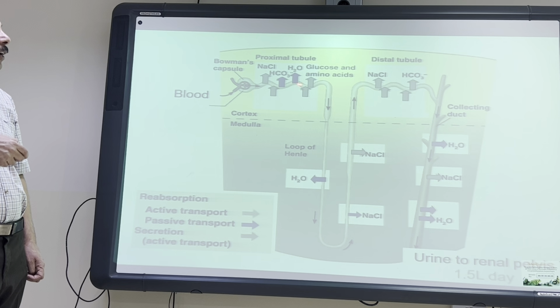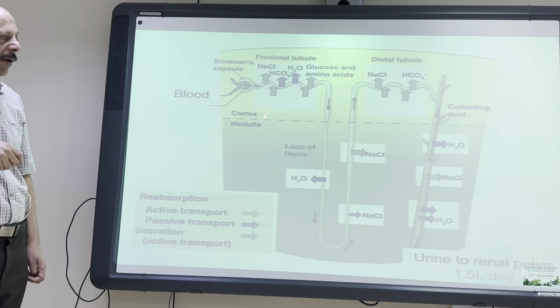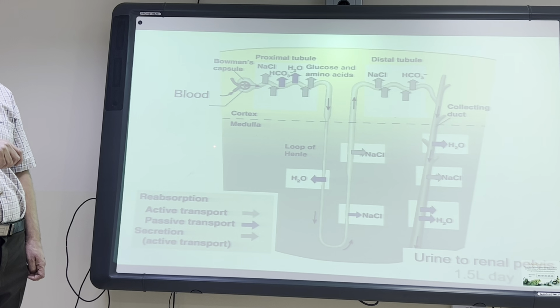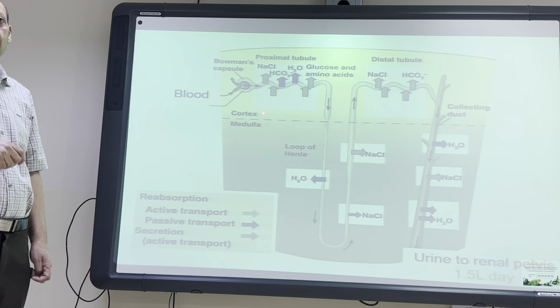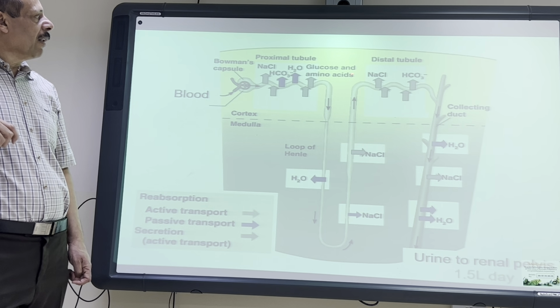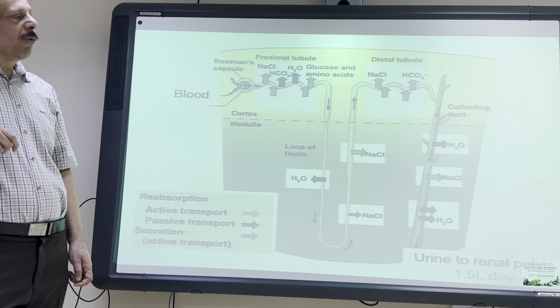Glucose and amino acid, mostly they are reabsorbed. If they are coming there, they are absorbed in the proximal convoluted tubules. So the first thing is that they will be reabsorbed in order also to maintain the osmolarity of the blood, because one of the functions of the amino acid and protein is for osmolarity.